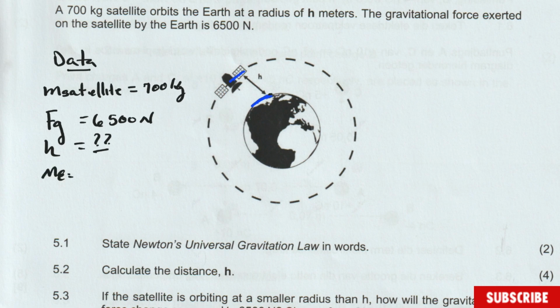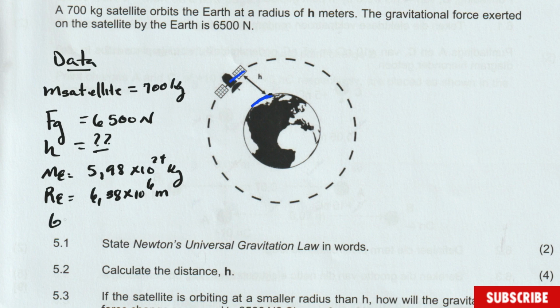The mass of the Earth is equal to 5,98 times 10 to the 24 kilograms. The radius of the Earth is 6,38 times 10 to the 6 meters.